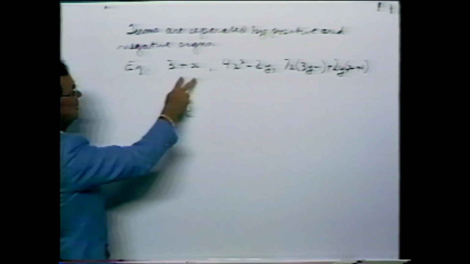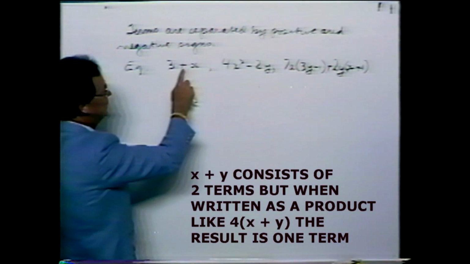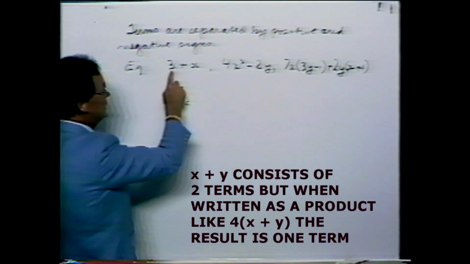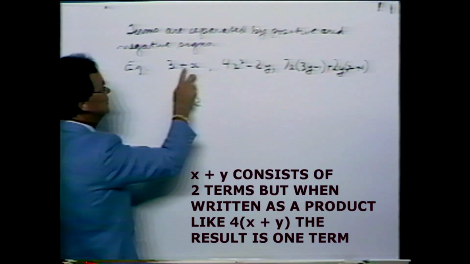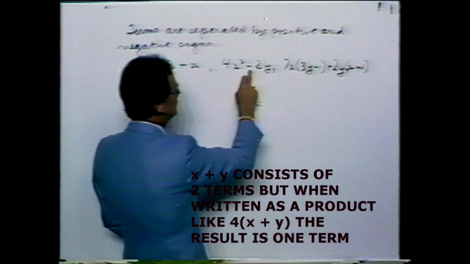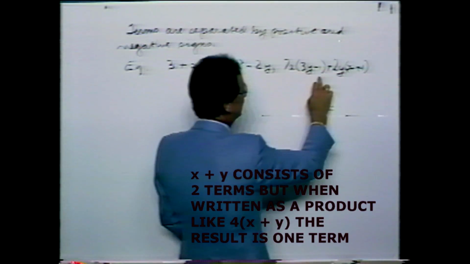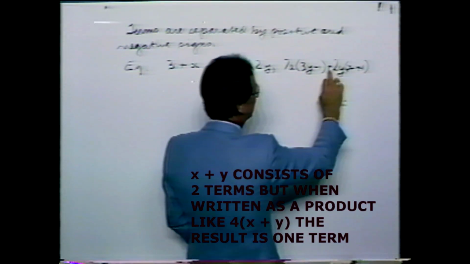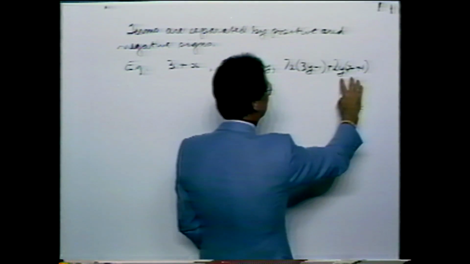Looking at the overall expression in each of these examples, here is a plus sign separating two simple terms, 3 and x. There are two terms in this expression. Similarly here, we have a minus sign separating two terms. Now here, we have two terms again, and the plus sign separates the two terms I have listed.